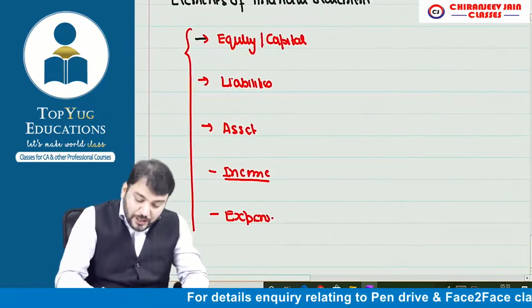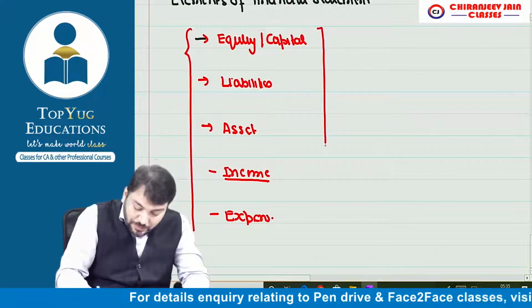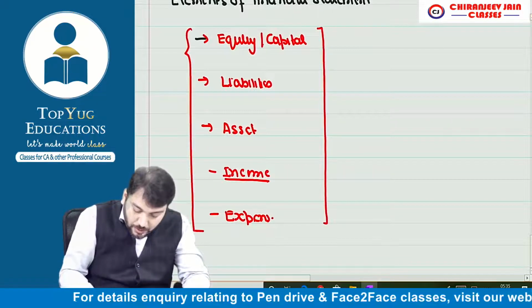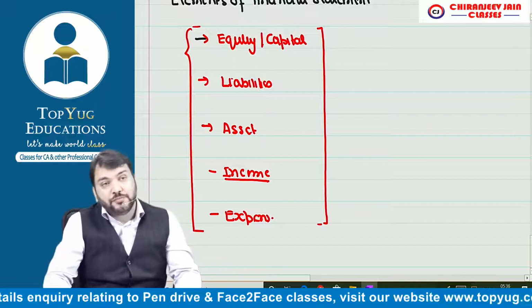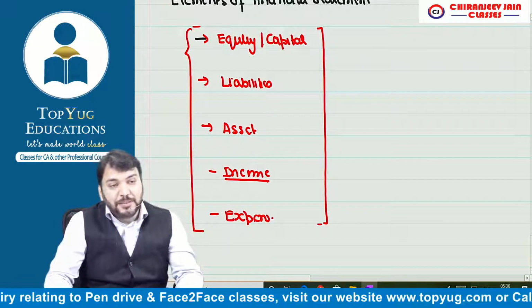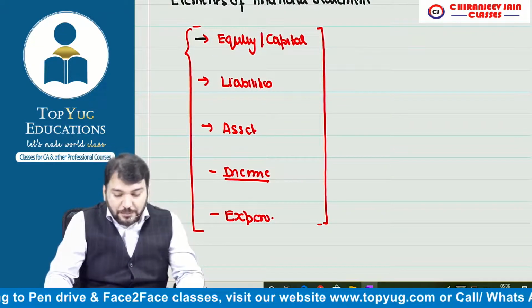Now, can I say first we need to understand all these five terms? All these five terms. Correct? Understood? Did you understand what I said?